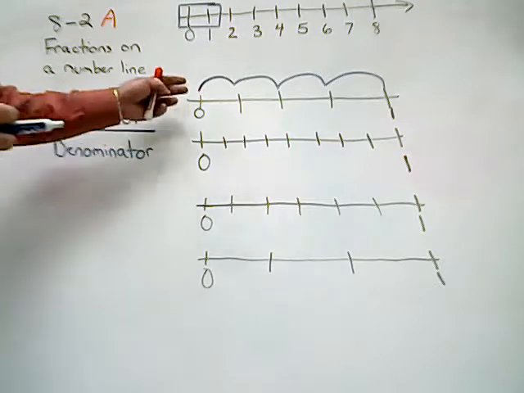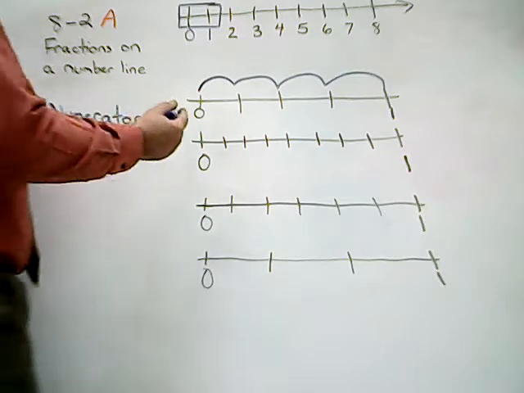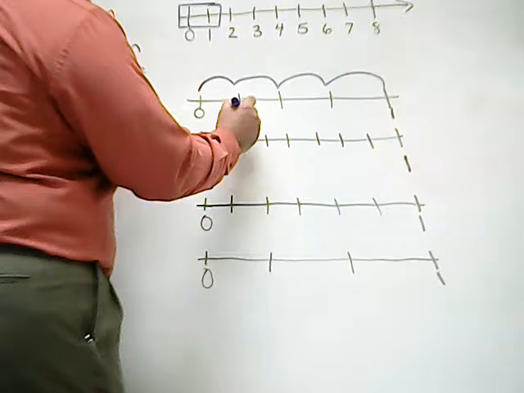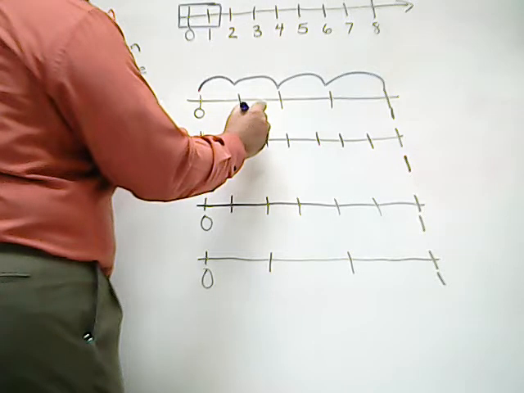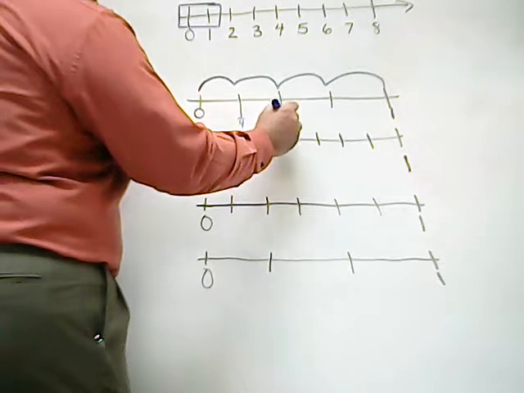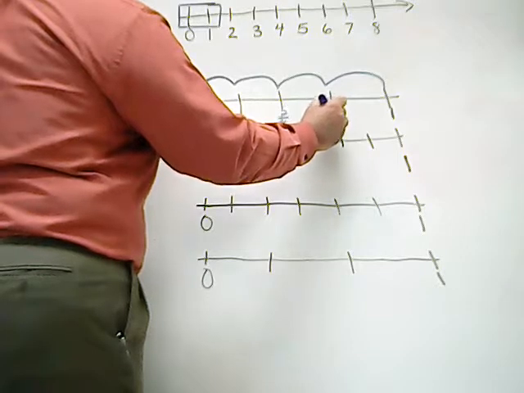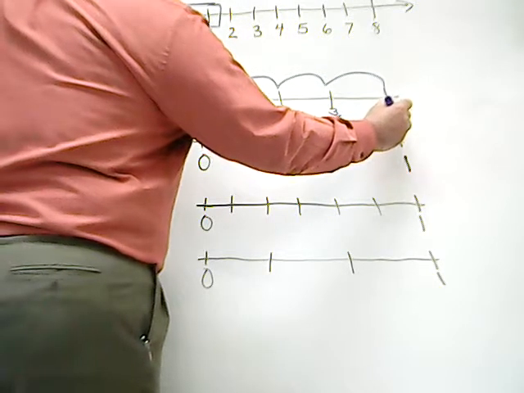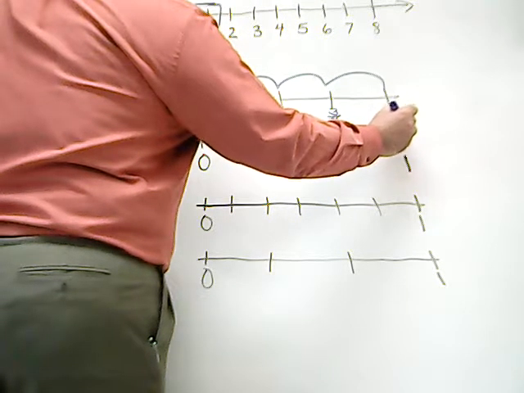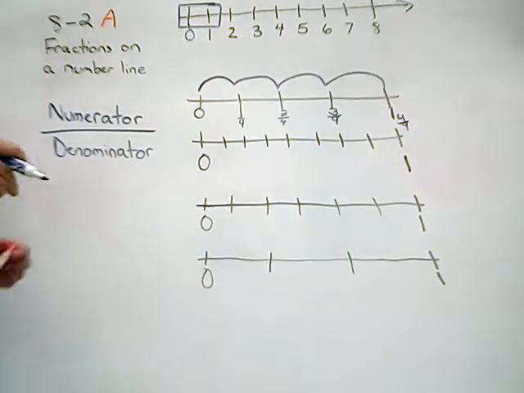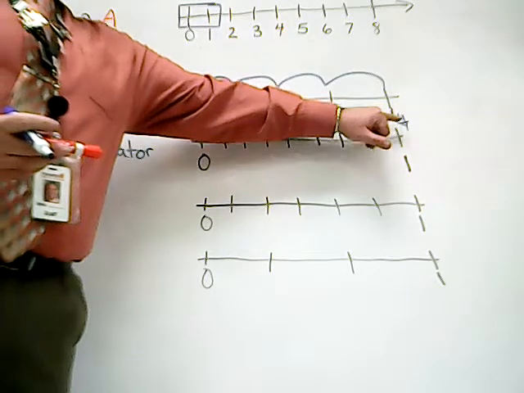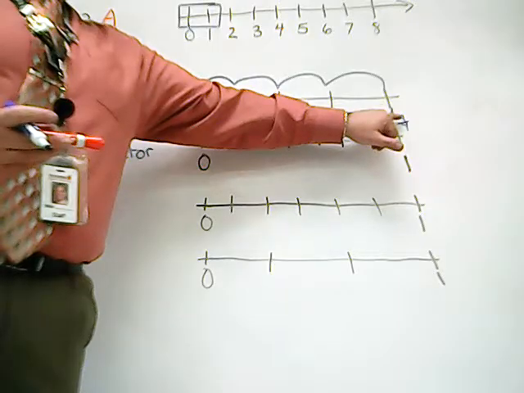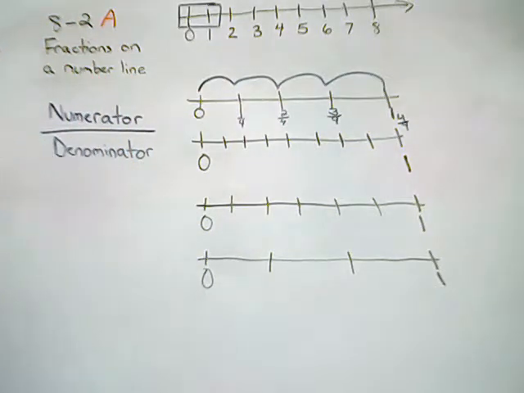That means this top number line is broken into fourths. So I'm going to label it accordingly. 1/4, 2/4, 3/4, and remember, your whole number should match up with where the numerator and denominator are the same number. In this case, it's 4/4.